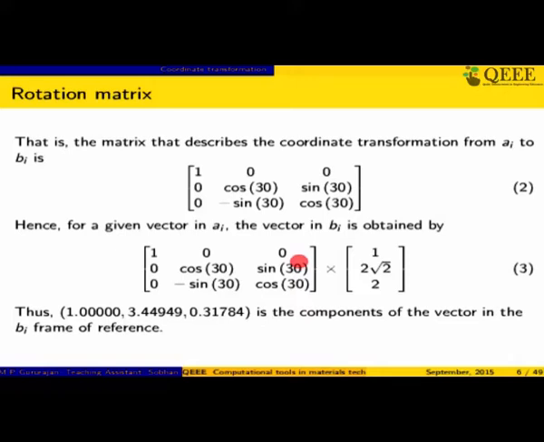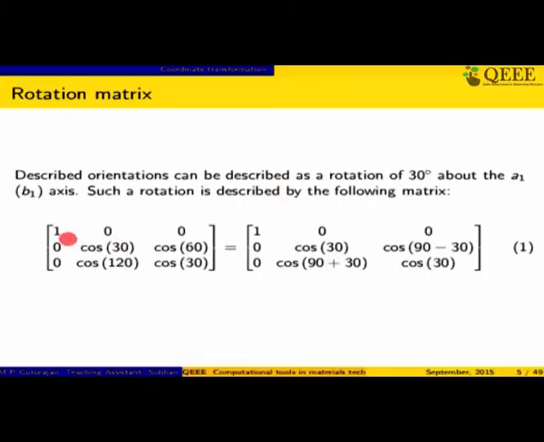These are done primarily by making the rotation matrix. And what is a rotation matrix? If you have observed, a rotation matrix is nothing but the matrix made up of the direction cosines of Ai with Bi.